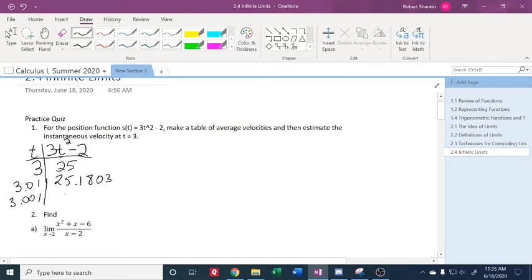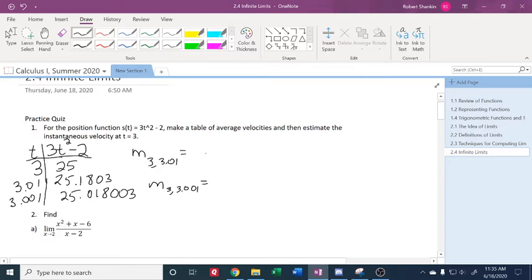And then, so my slope between 3 and 3.01 is going to give me one estimate, and when I take the slope between 3 and 3.001, it'll give an even better estimate.